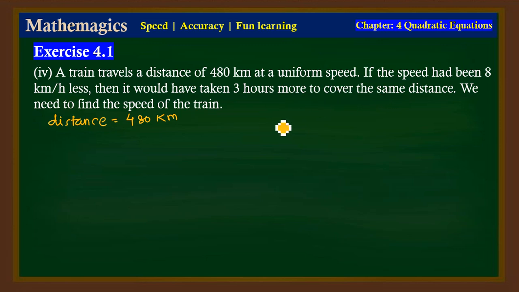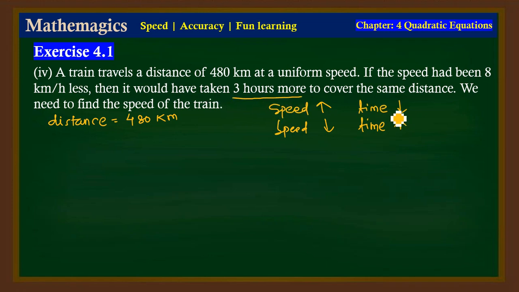So obviously we know that if the speed increases, then time will be less. And if the speed is less, obviously the train will go very slowly and it will take more time. So this is the rule. And the question is saying that it would have taken 3 hours more.